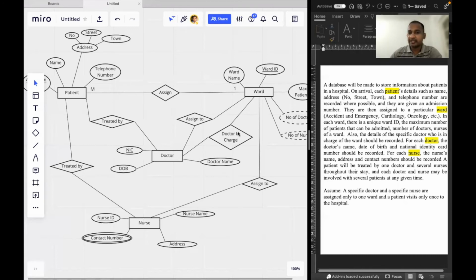When you are going to draw the cardinality ratio, let's say we draw it for the ward side. If you put the cardinality ratio on the ward side, take the doctor as 1. If you take one doctor, he is in charge of how many wards?